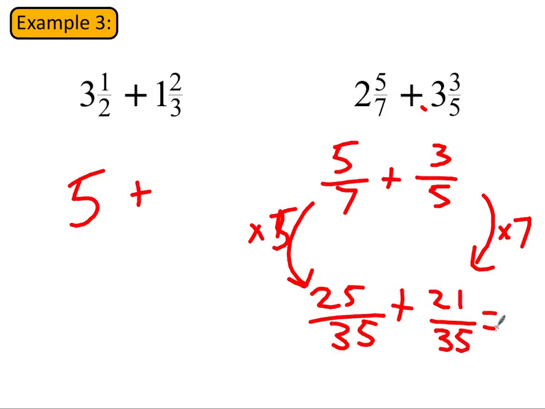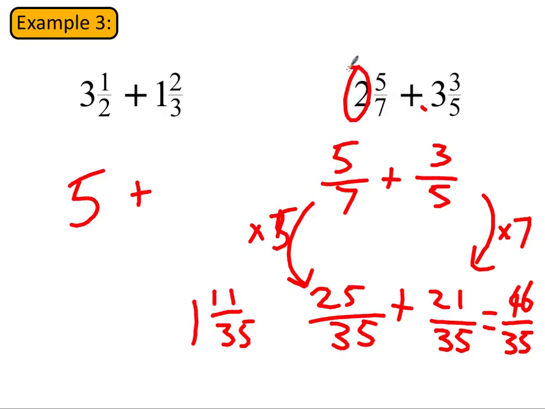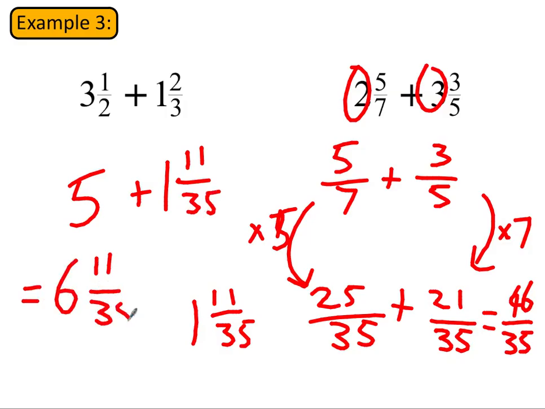So overall what we're going to have is 46 over 35, and we could convert that, if you like, into 1, and then we've got 11 over 35 after that. So our question of course had the 2 and the 3 in it originally, and that gave us that 5. But what we could do is just do 5 plus 1 and 11 over 35, giving us a final answer of 6 and 11 over 35.